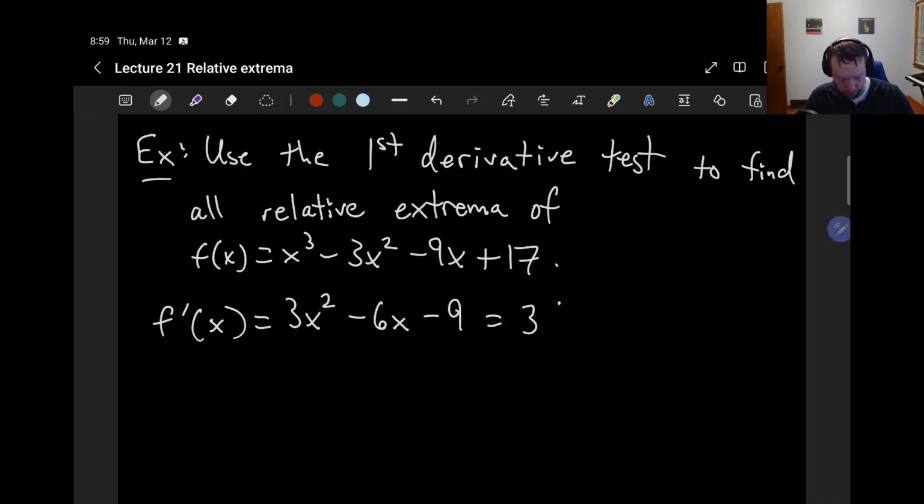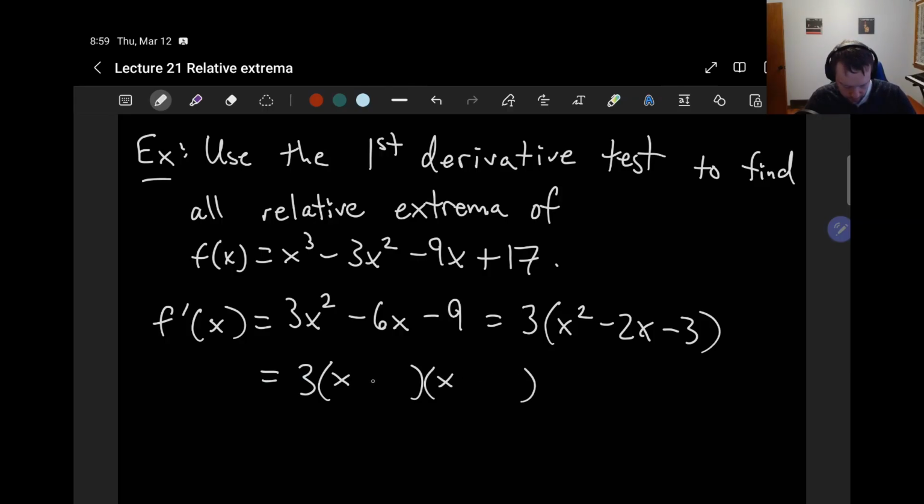Well, it helps to factor first. And this part can yet be factored. That would be x minus 3 and x plus 1. Okay, now I say that this is set equal to 0.